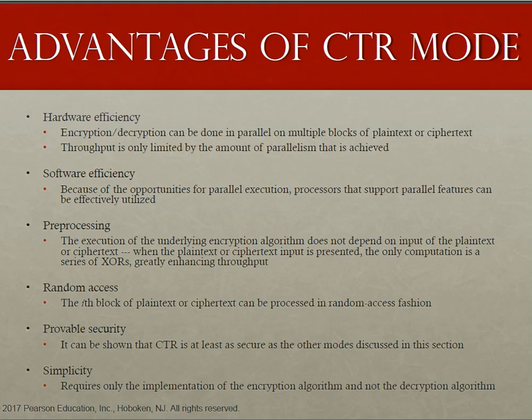There may be applications in which a ciphertext is stored and it is desired to decrypt just one block. For such applications, the random access feature is attractive. If you are able to do it randomly, then it can increase the efficiency of your algorithm.